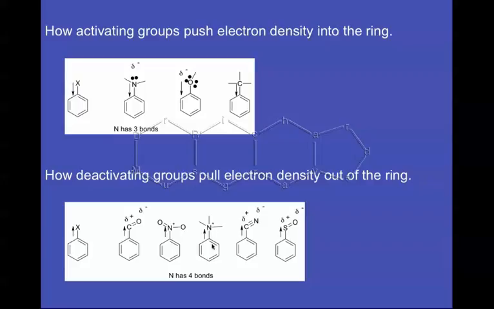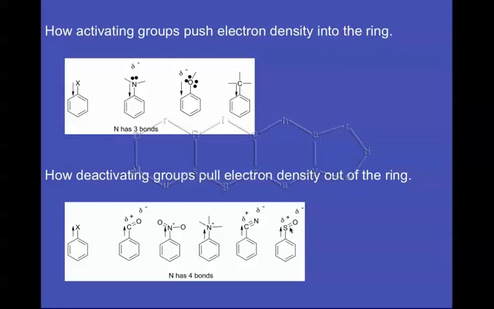The difference between this one and the one above here is the nitrogen only has 3 bonds and therefore has a lone pair of electrons on it. Once you add that 4th bond, that lone pair of electrons is gone and nitrogen is now positively charged. With the C triple bond N, the electrons are attracted to this C with the delta plus, so this is also considered to be deactivating.